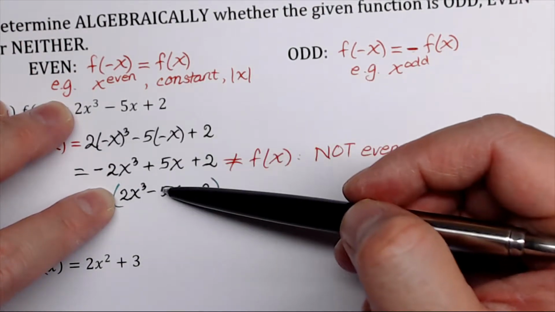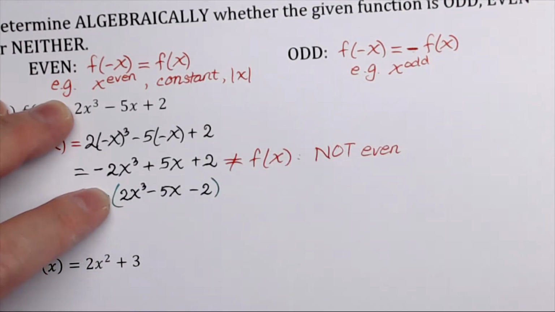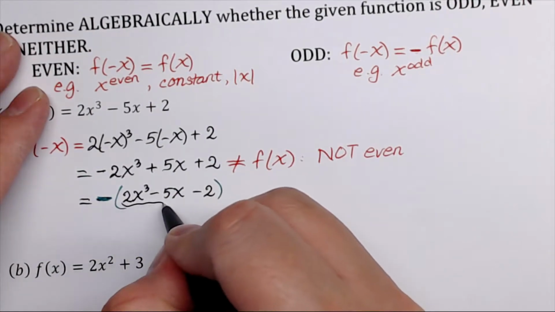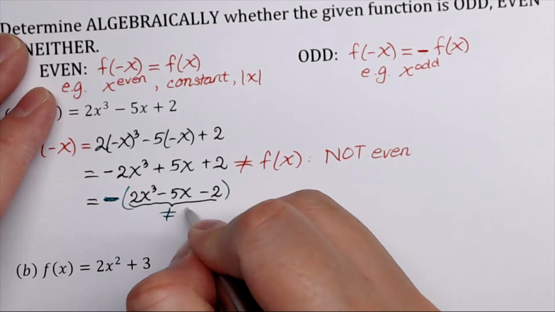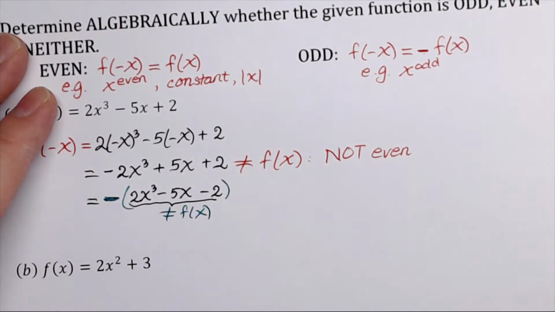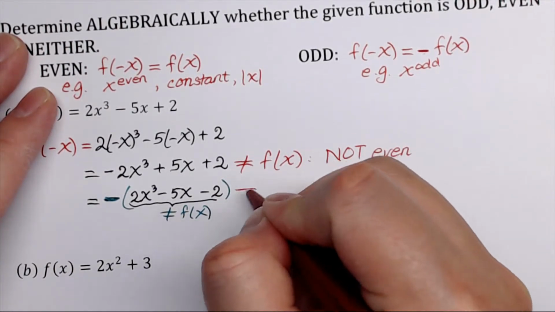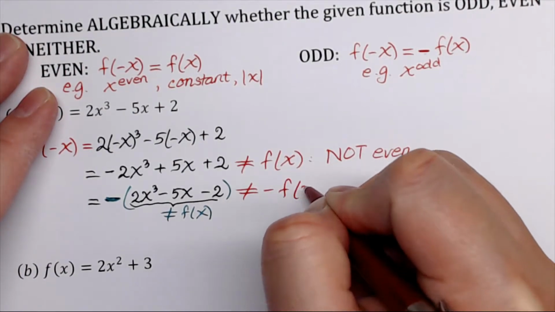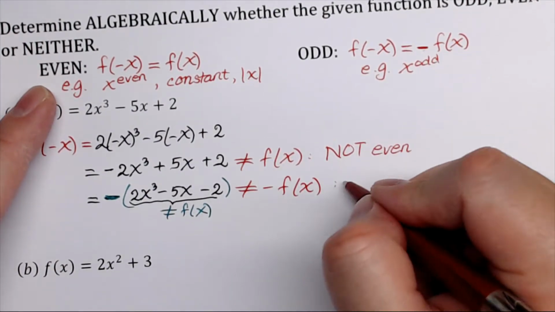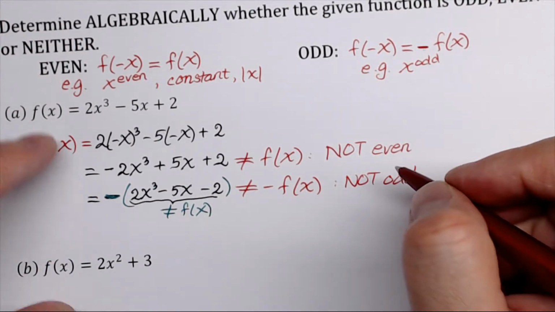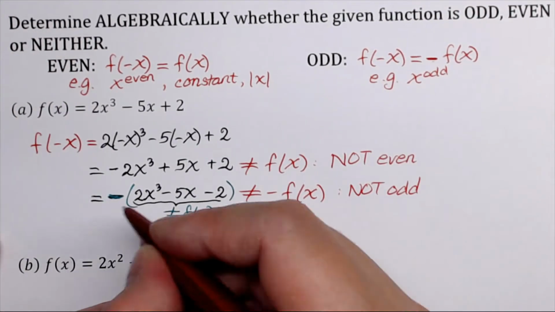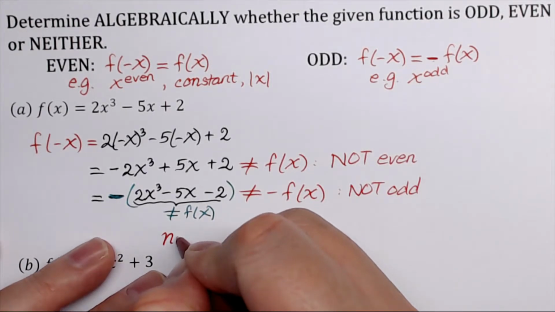Negative 5x, that's good. 2 and negative 2, that is not. So the inside is not the original function, meaning that it is not negative f of x. And because of that, it is not odd, meaning this function is neither odd nor even.